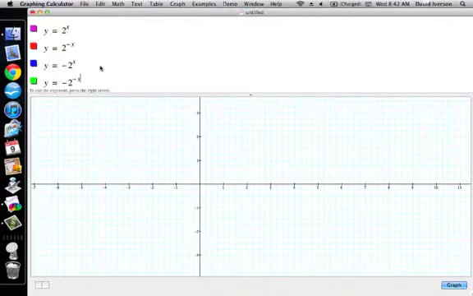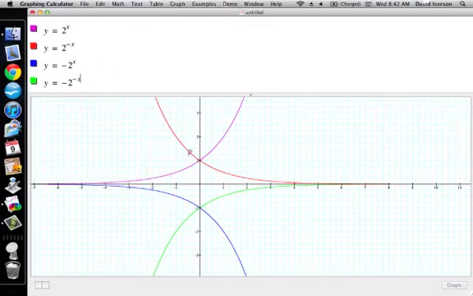What's that going to do? That's going to be the reflection of the red. So I've got 2 to the negative x here, and I've got negative 2 to the negative x here. All right, so what I want to do is just sort of jump into what these are good for, and then I will come back and do a sort of preview of my next lecture, which is 1.3.